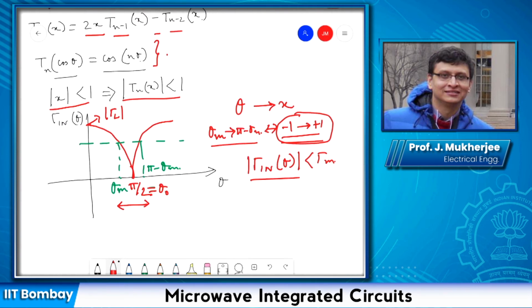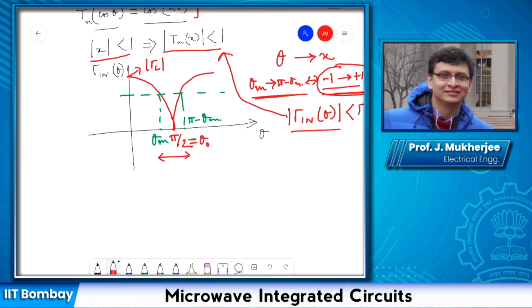So our first mapping will be from theta to x such that this relationship is satisfied, and the second is that when the modulus of Tn of x is less than 1, my gamma in theta will be lesser than gamma n. So I have to form a relationship between gamma in and Tn so that when the modulus of Tn of x is less than 1, my modulus of gamma in is less than gamma n.